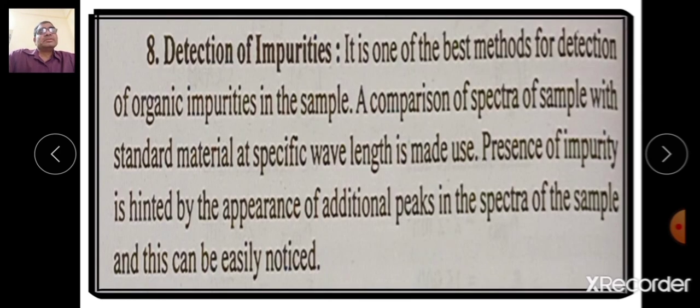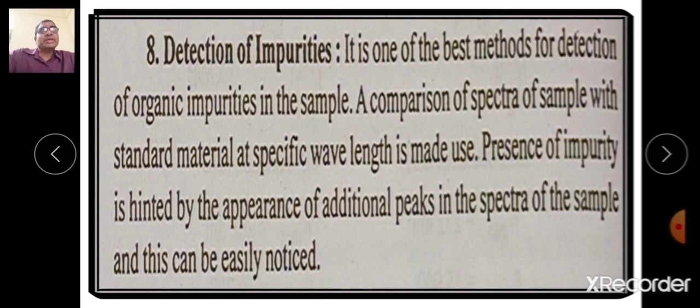The last is detection of impurities. Now it is one of the best methods for detection of organic impurities present in a sample. A comparison of the spectra of the sample, whether it contains impurities or not, is done with the standard material at specific wavelength.